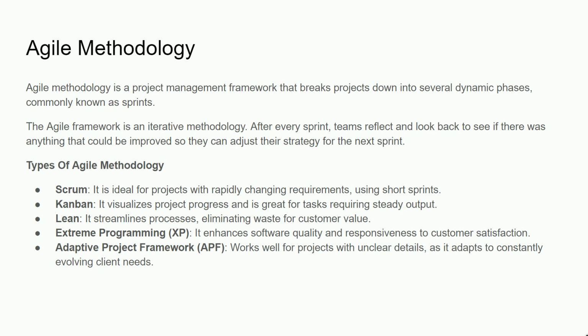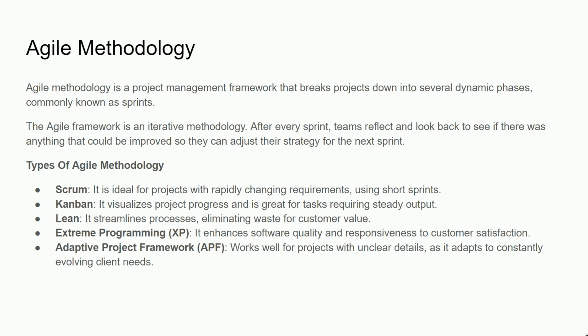So the types of agile methodology, first one is Scrum. It is ideal for projects with rapidly changing requirements with short sprints. Kanban is used to visualize the project progress and task requirements for the output. Lean streamlines the process and eliminates waste for customer value.